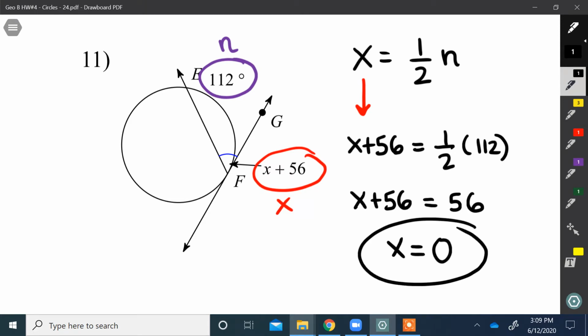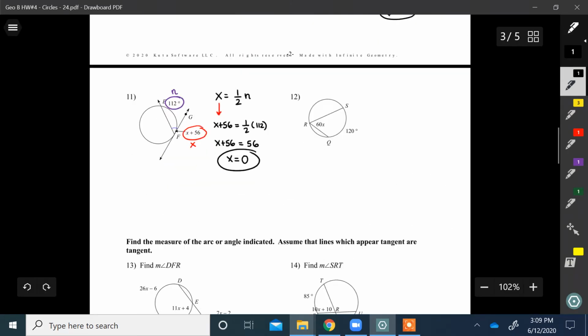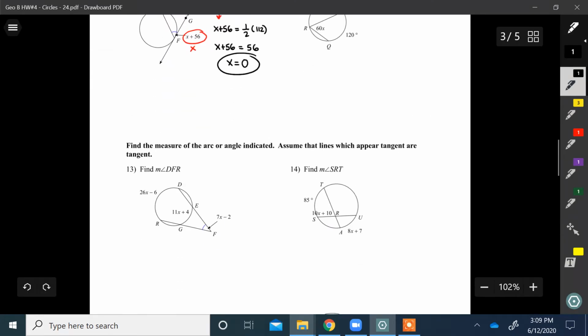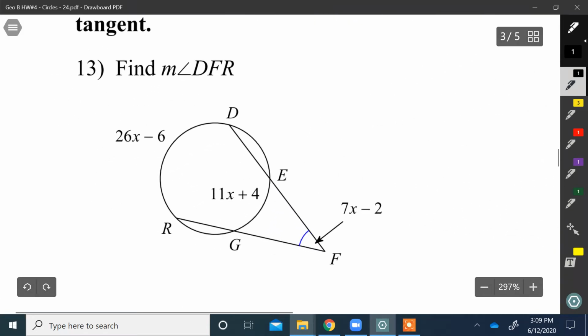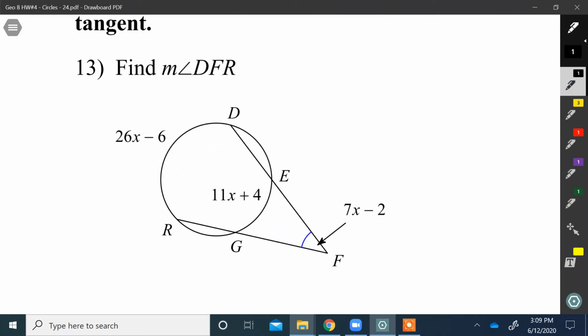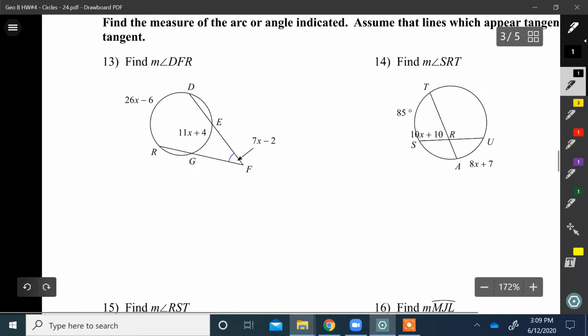All right, so let's start doing a little bit more challenging ones. In here we have to find the arc or the angle indicated. All right, so let's get this one done. In here, we're only working with angles right now.